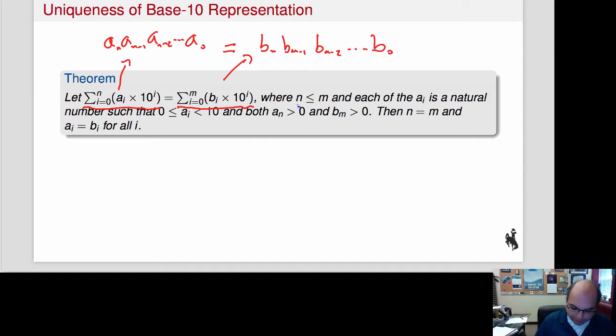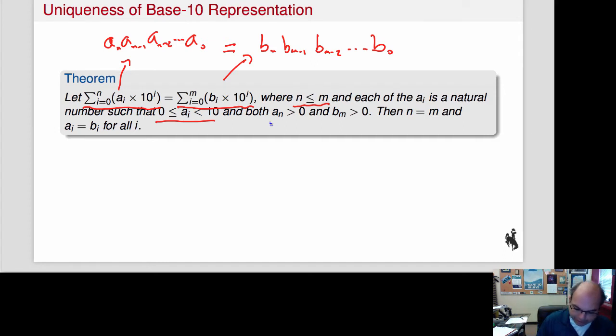Now, I'm going to say that n is less than or equal to m. That makes the proof a little simpler because there's only one case. That's really not a significant restriction, because if it turns out that n is bigger, then I'll just swap them. Of course, the a_i's and the b_i's are simply digits between 0 and 9.